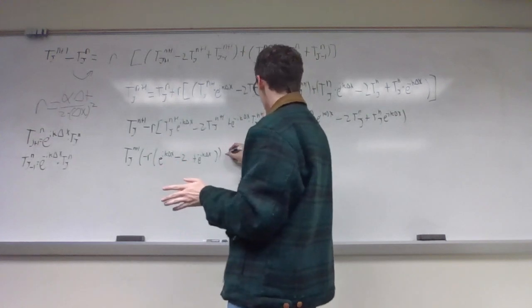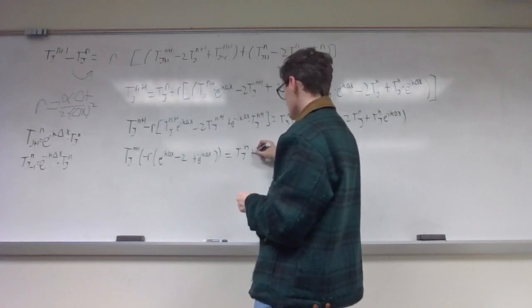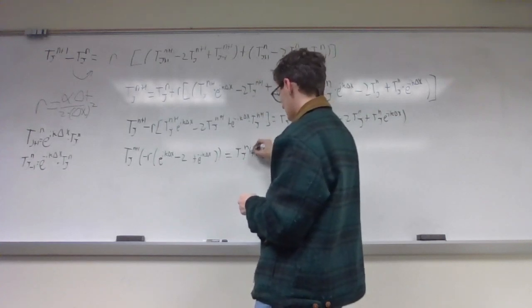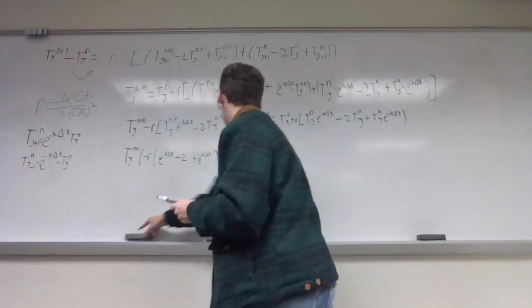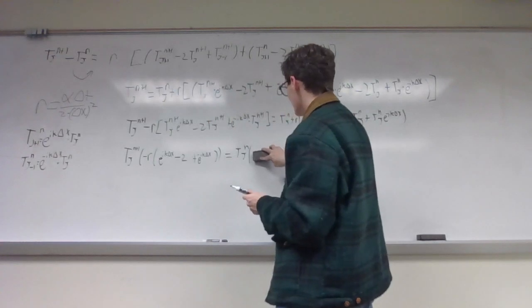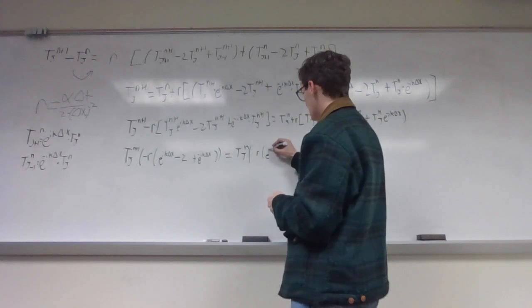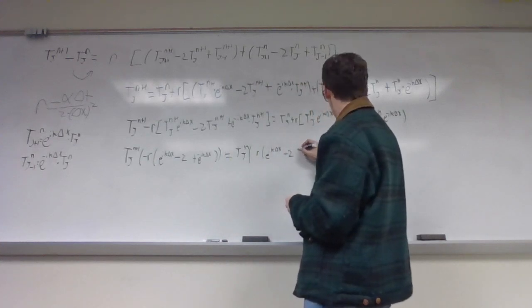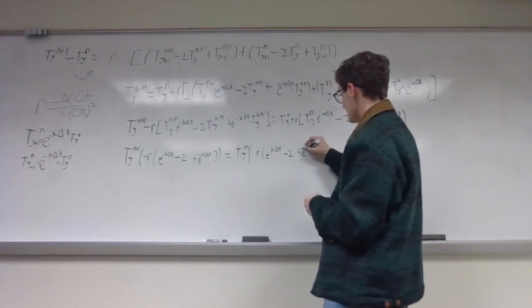That looks right. And then the same thing over here, tjn plus r. Remember, it's a positive sign. I shouldn't just erase that. It's a positive r. The r, and then we have e I k delta x minus 2 plus e to the negative I k delta x.